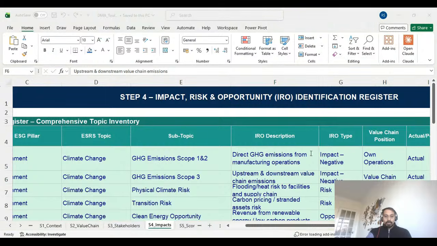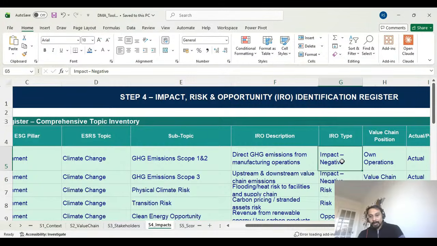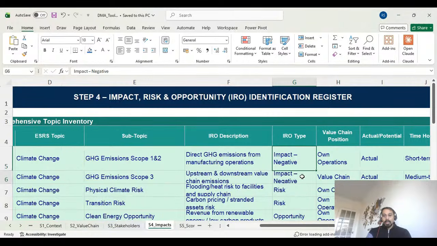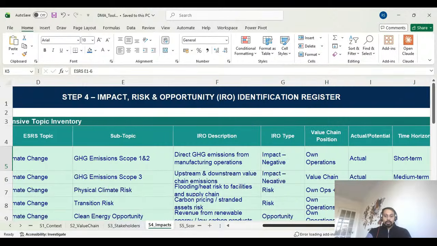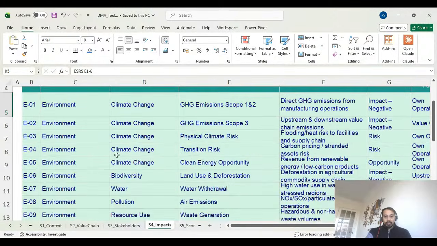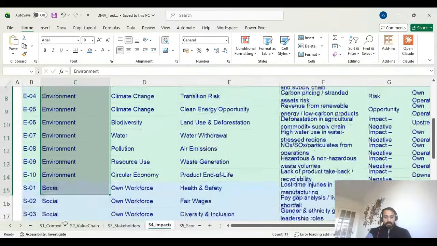You can mention the impact negative and impact positive if it is available or if you understand it. Then value chain position, for own operation or value chain, actual, it definitely affects. Time horizon you can also mention, and the overall reference ID. So that is the impact-related stuff, which you can mention for all the environment-related topics.